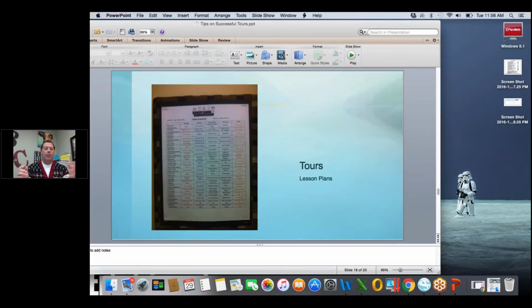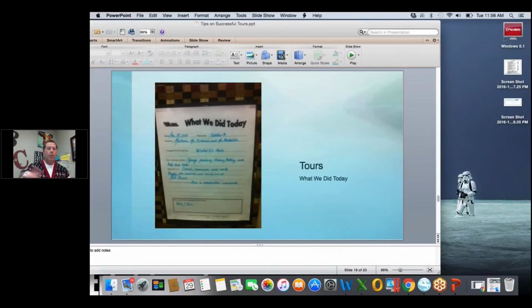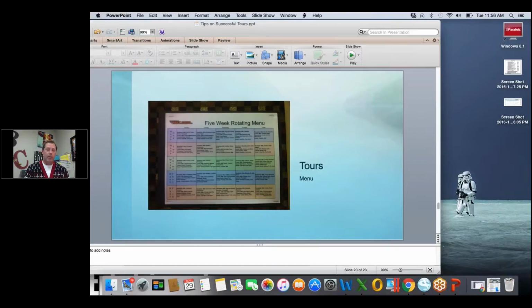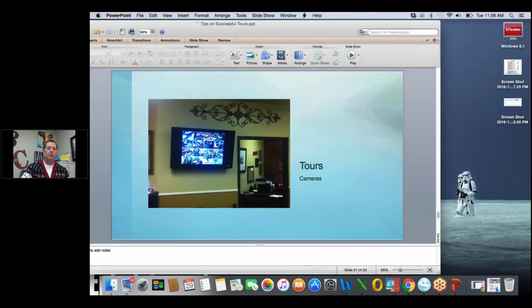Next, go over the lesson plan with the parent. What we did today, we talked about that right there. The rotating menu, and we talked about having healthy lunches. If you have cameras in your classroom, this is my visual reminder to talk to parents about security, about us having a visual eye on the classroom at all times.